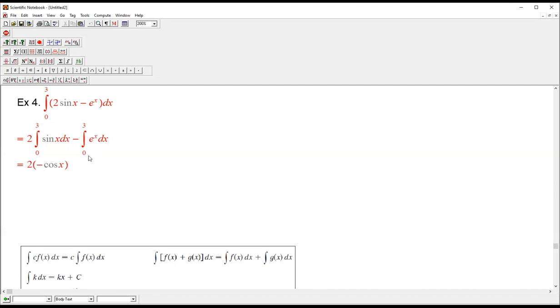And this piece will be evaluated at lower bound 0, upper bound 3. Subtracting the antiderivative of e to the power x, of course, we know that's e to the power x, evaluated at lower bound 0, upper bound 3.